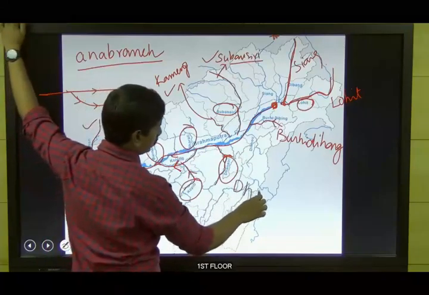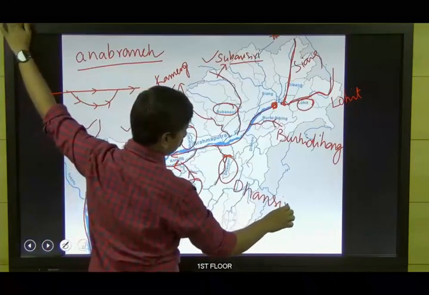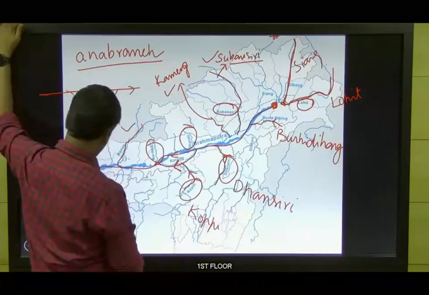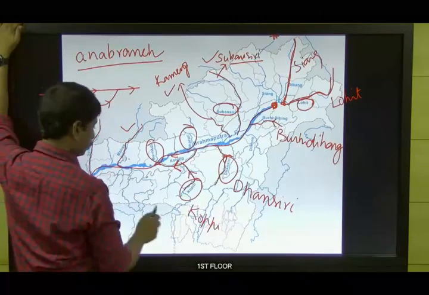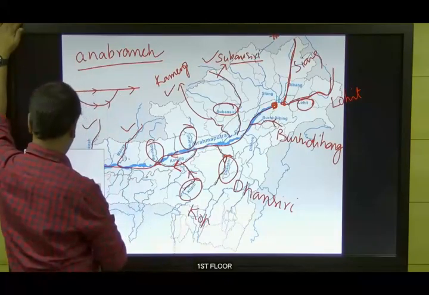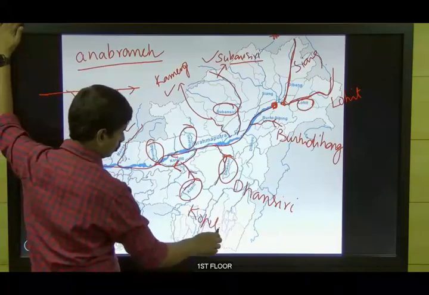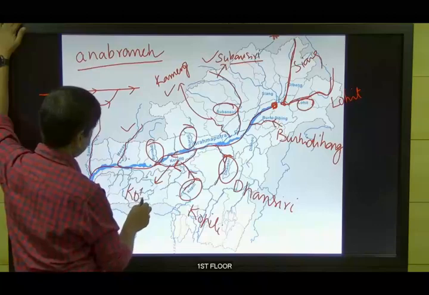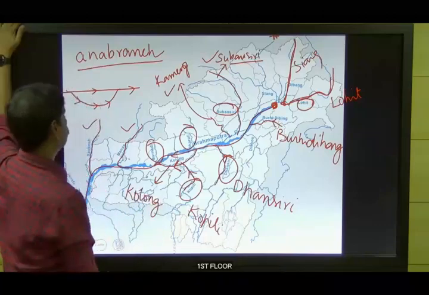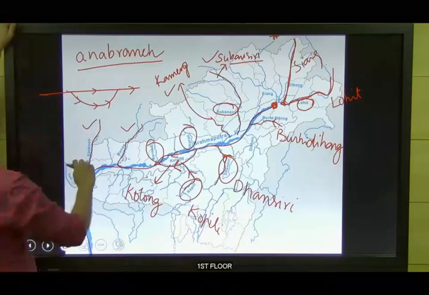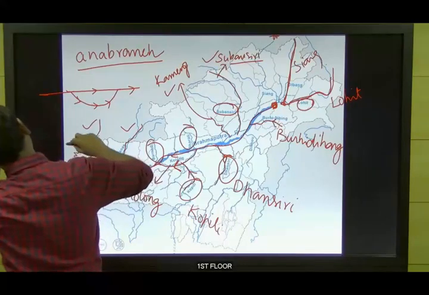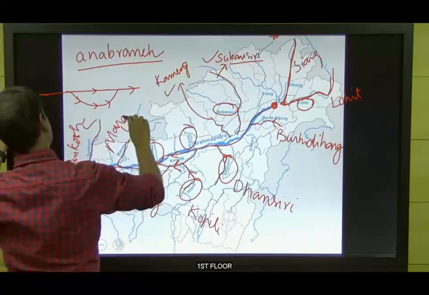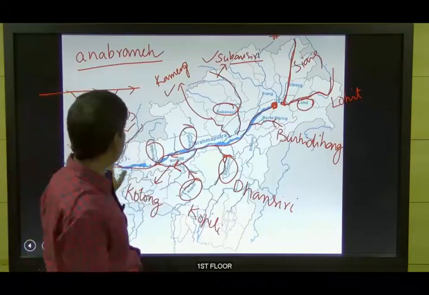This is Dhansri. Kopili. Sorry, only one P. Kopili. The river, Anna branch is known as Kolong. This is Sankosh. Manas. Kameng I wrote. These are the major branches.